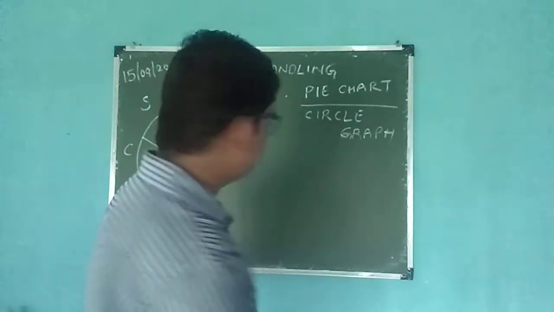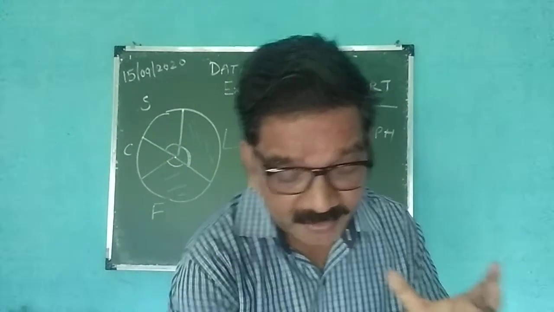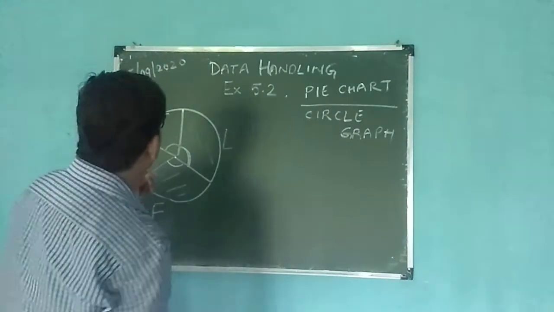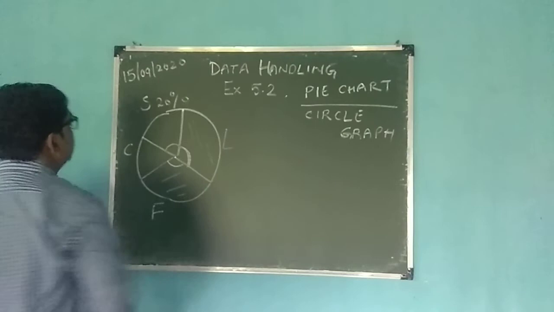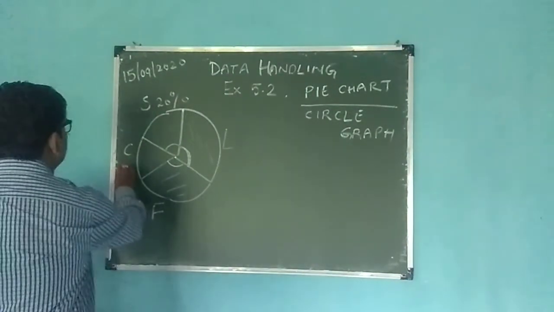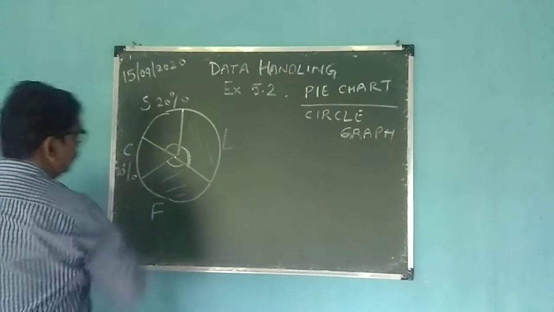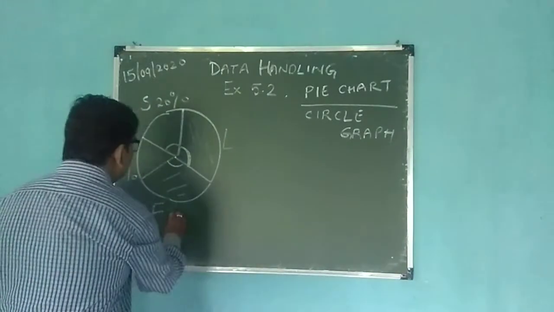It means they surveyed in a particular place and they found 20% of the young generation, they liked semi-classical. Classical is 10%. Folk is 30%.